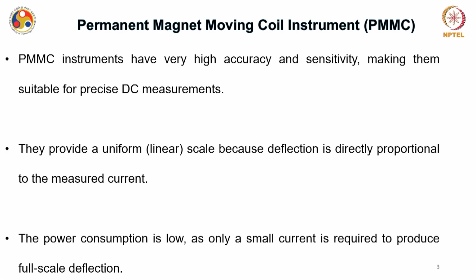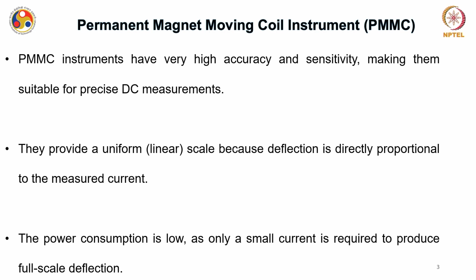These PMMC instruments have very high accuracy and sensitivity, and that is why they are suitable for precise DC measurement. Please note that when I say DC measurement, I am covering both current as well as voltage. So, you can make a PMMC instrument suitable for detection of DC current as well as DC voltage very accurately.